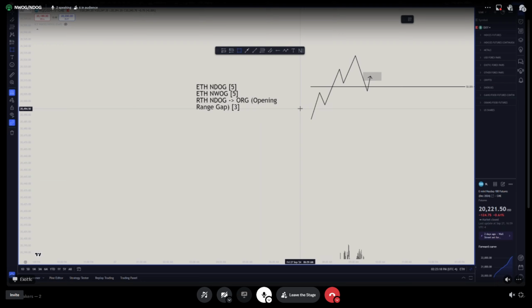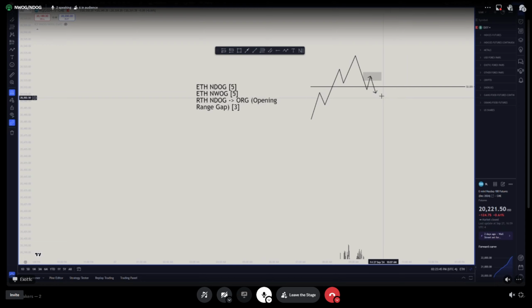And if we have a NWOG, like something right here, and I don't think price is going to come down to this low here, you can just come in and target this low right here, and that's a really good draw on liquidity if you're not expecting price to come through and come here. This will also usually be a place where price consolidates before choosing the direction to break down lower or to go higher. And once again, it's a form of true fair value.